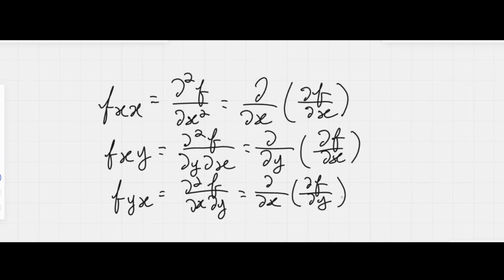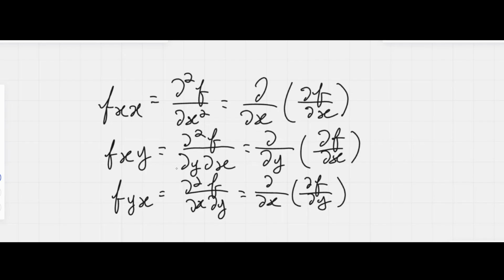Okay. Now, one key thing here, which I'm going to leave for now and discuss a little later in the video, is that we can ask for the partial derivative of f with respect to x with respect to y, for example. And like I said earlier, we start inwards and we work our way outwards.